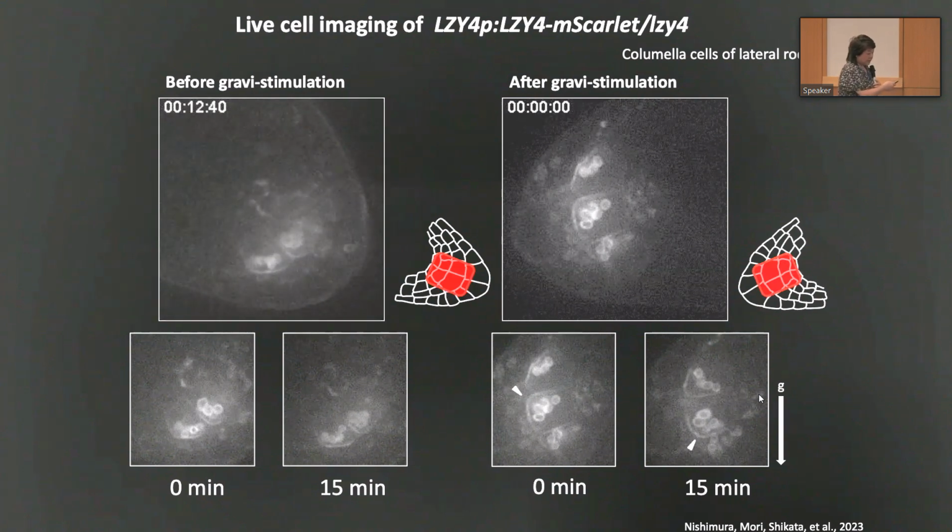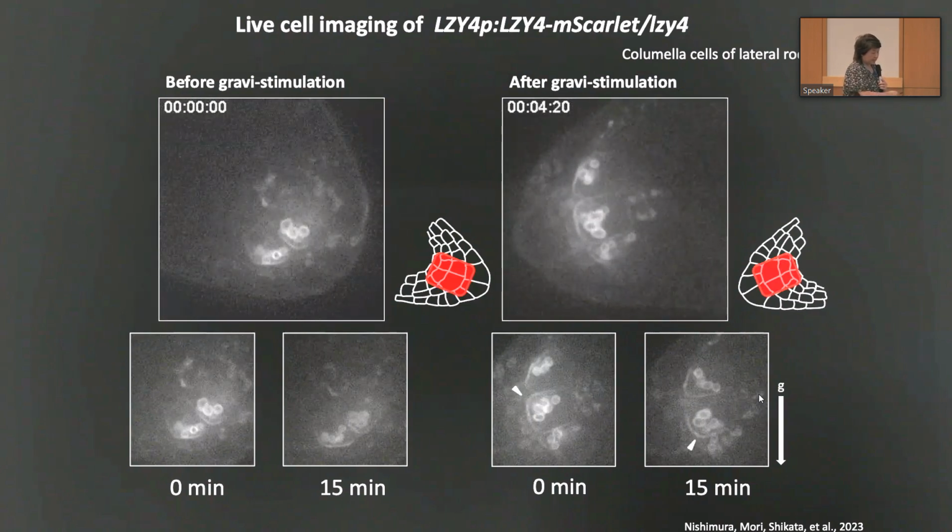Before gravity stimulation, the pattern of the LZY4 signal didn't change during observation, although the amyloplasts were slightly agitated. In contrast, after gravity stimulation, the amyloplasts sedimented to the new bottom side of the cell in about 5 minutes.